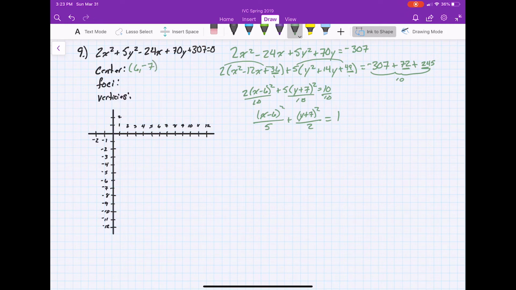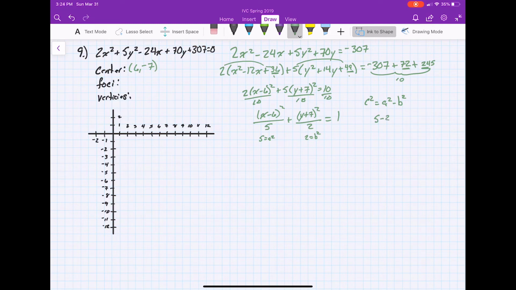Now we need to find our foci and our vertices. Well, we know c squared equals a squared minus b squared. We have our a squared and our b squared, which is 5 and 2, right? So 5 is our a squared and 2 is our b squared. So we're going to have an oval that is horizontal. We should also know that just by looking at it.